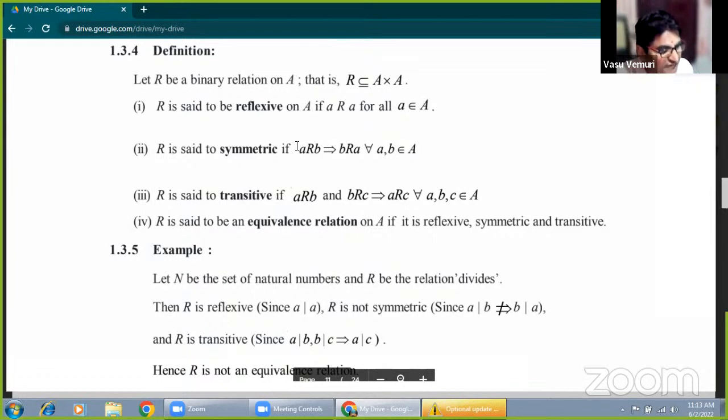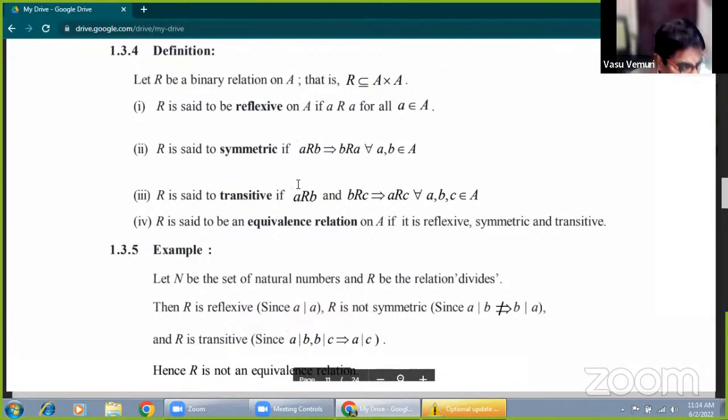R is the relation from A to B, and we have to construct that the relation is also defined from B to A. So a similar to b and b similar to a: that is the symmetric relation. And capital R is said to be transitive. What is the transitive relation?